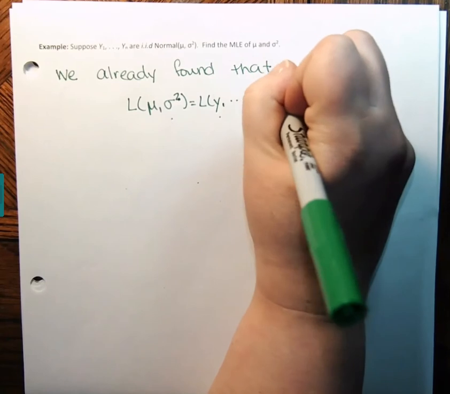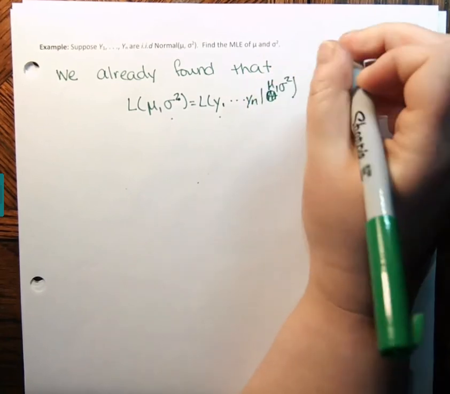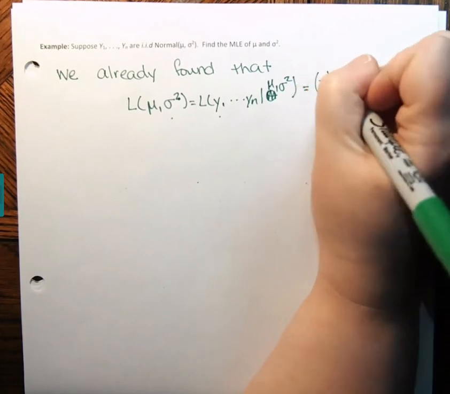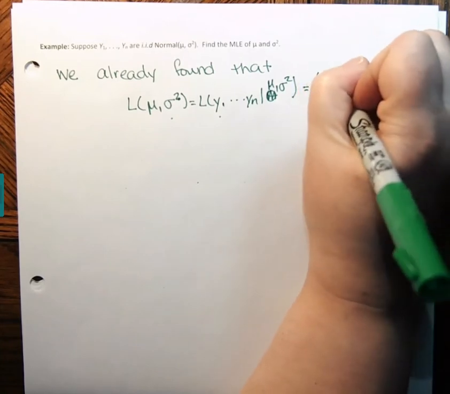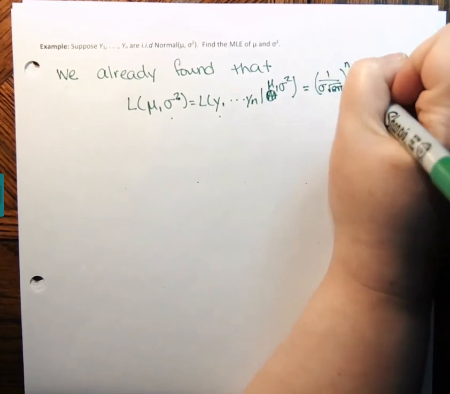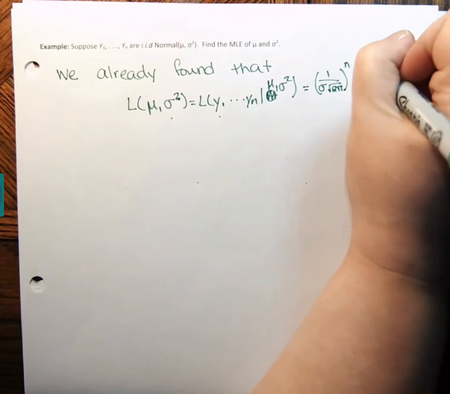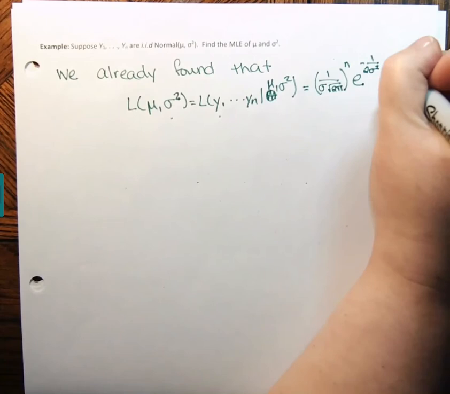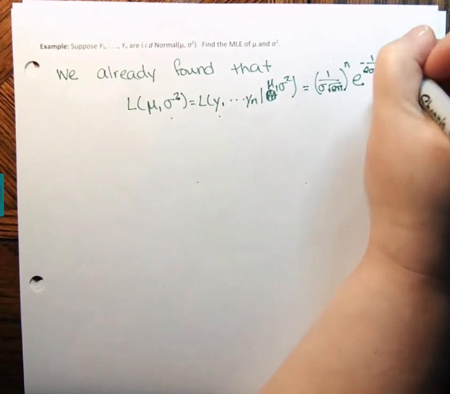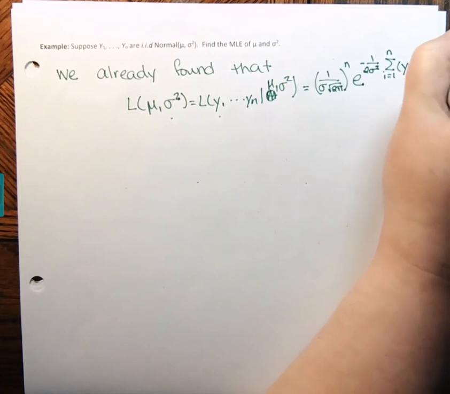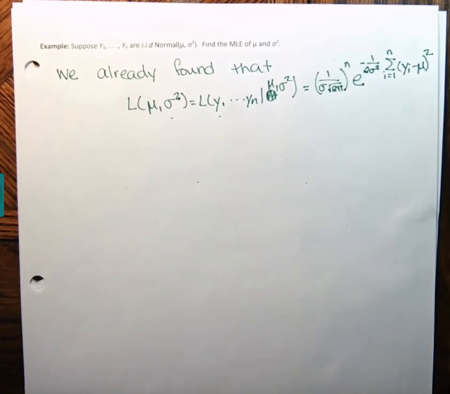It should be given mu, sigma squared, and we found that that was equal to the following. So there's our likelihood, and we're going to follow the exact same steps we did before.